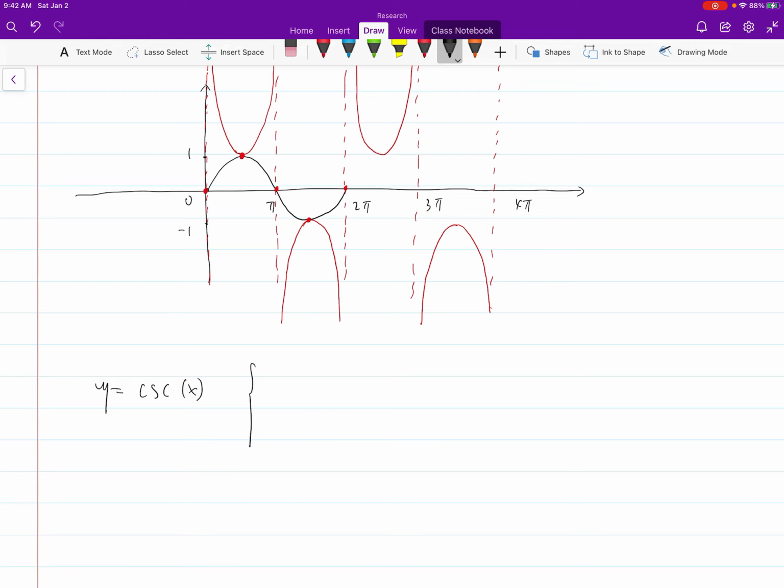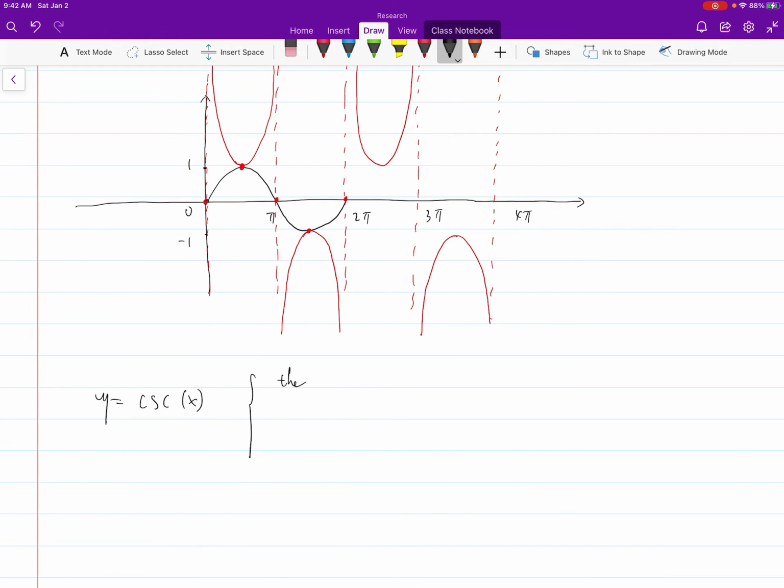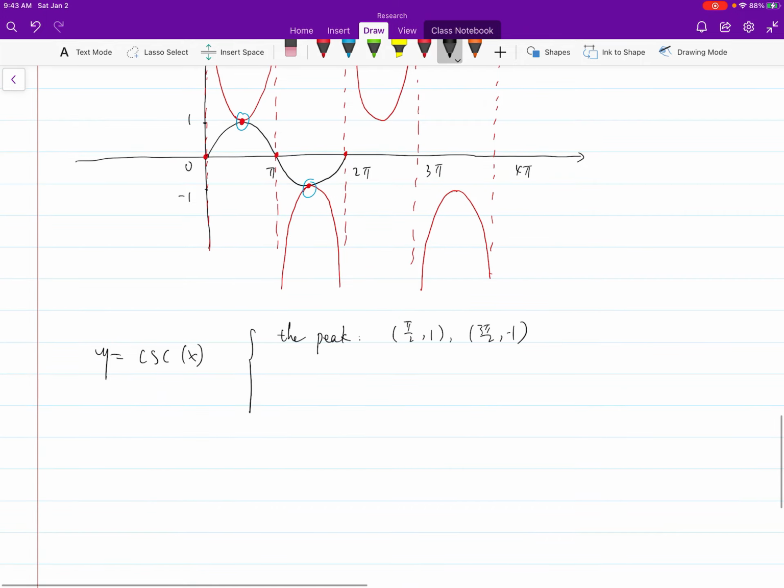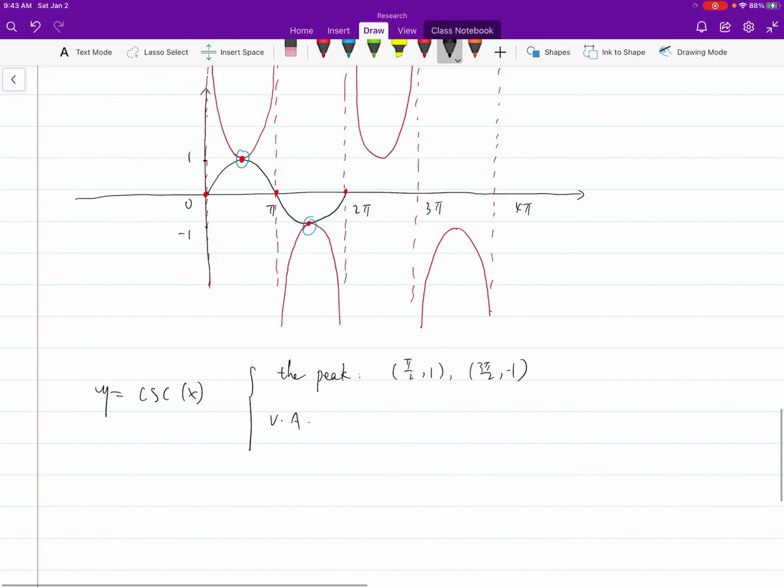Again, in the exam, what do you need to show? I think the points which are important will be the peak, which is pi over 2, 1, and 3 pi over 2, negative 1, which means this point and this point. That would be very important. So we know what's the smallest value and biggest value for the negative part. You need to show the vertical asymptote.